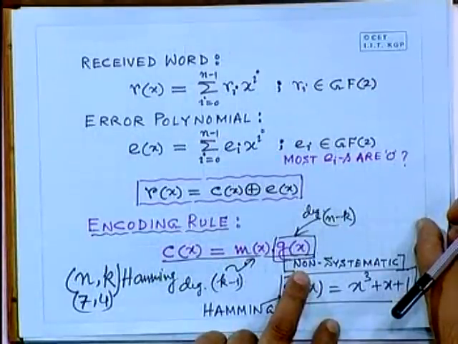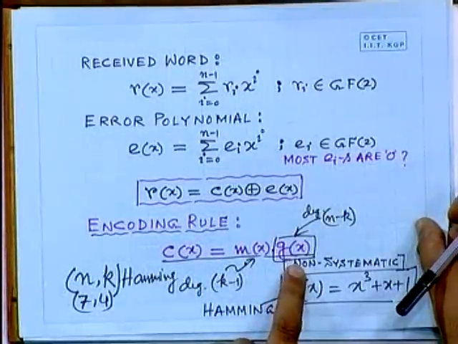That is why I could write the encoding rule as a straightaway multiplication of the message polynomial with the generator polynomial, so that the code word polynomial is always divisible by gx. There won't be any remainder. So this is a strategy for encoding cyclic linear block codes.